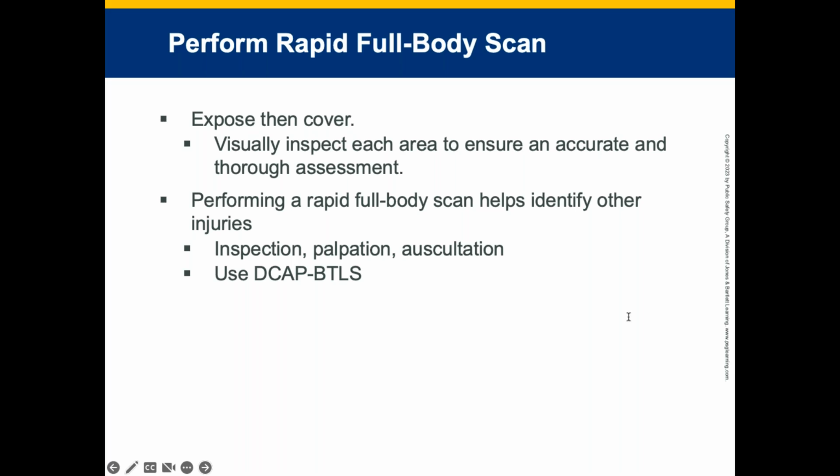Auscultation: listen to body sounds using a stethoscope. The stethoscope is part of your arsenal of equipment you should be utilizing. DCAP-BTLS reminds you what to look for when you're inspecting or palpating various body regions. What does DCAP-BTLS stand for?